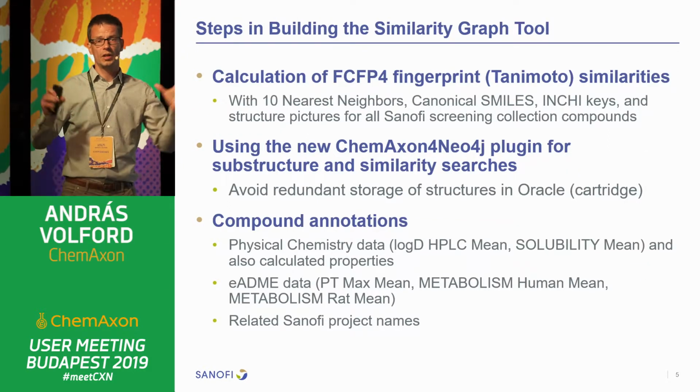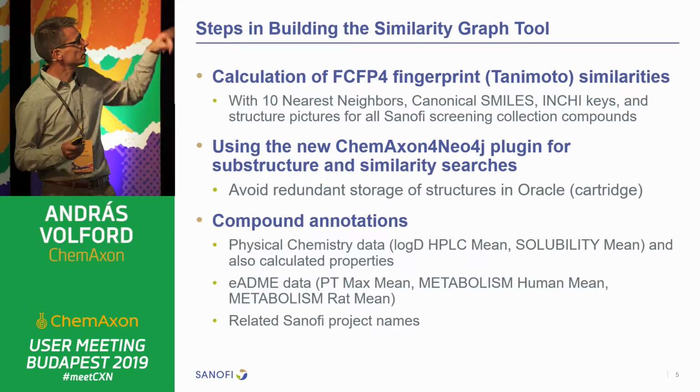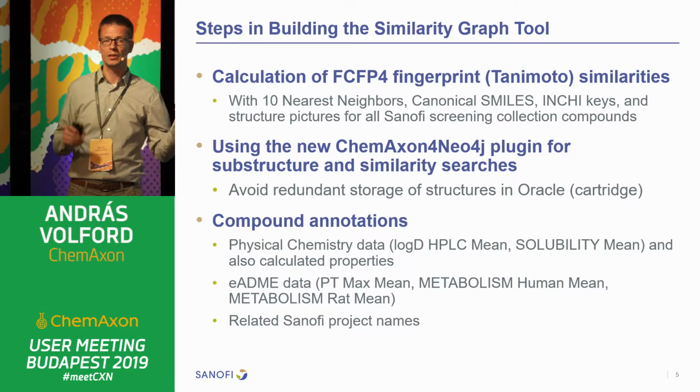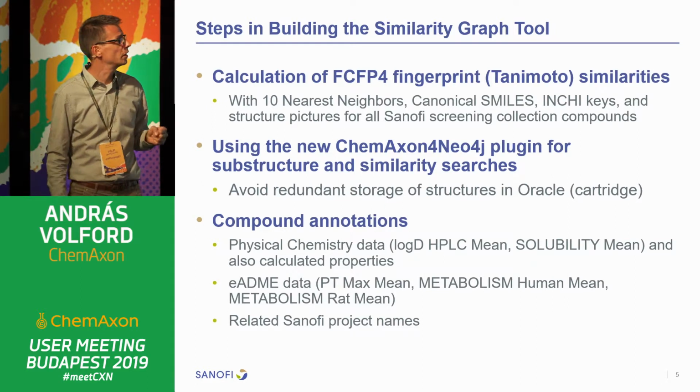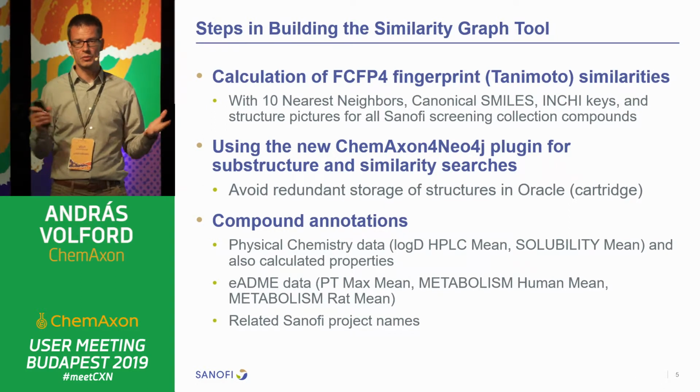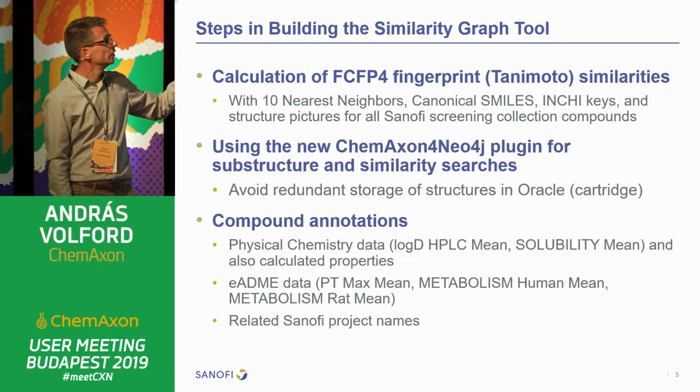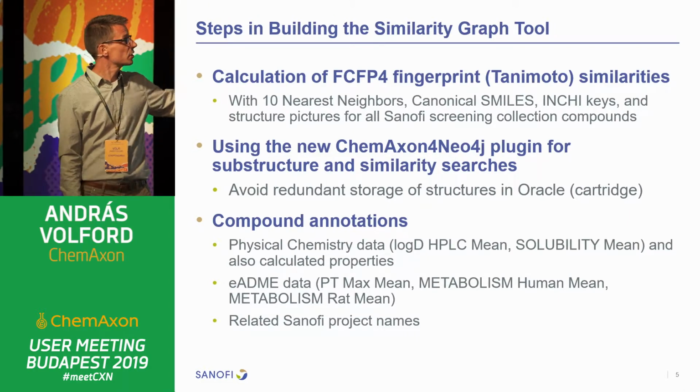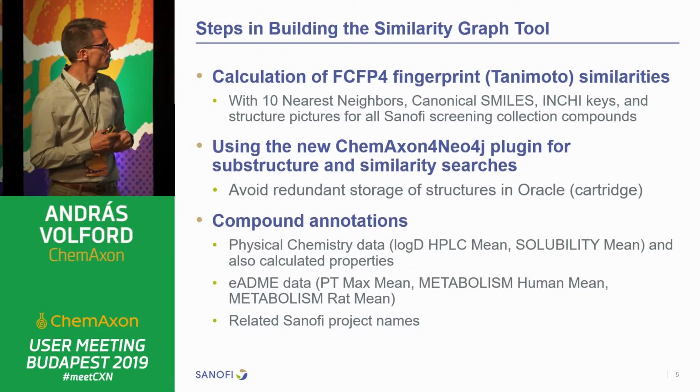So how did they build this new system? They calculated functional circular fingerprints with radius 4, and used Tanimoto similarities to calculate the 10 nearest neighbors on the Sanofi screening collection.